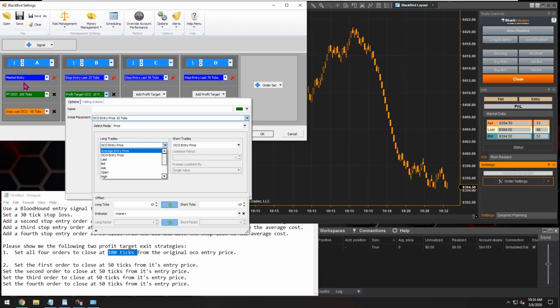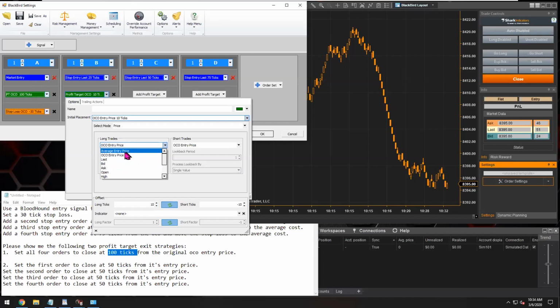To reference the entry price of order A, or reference the profit target price of order set A. What we have planned here is not in the next update, but in update 15. We'll be able to reference all of these specific order prices.